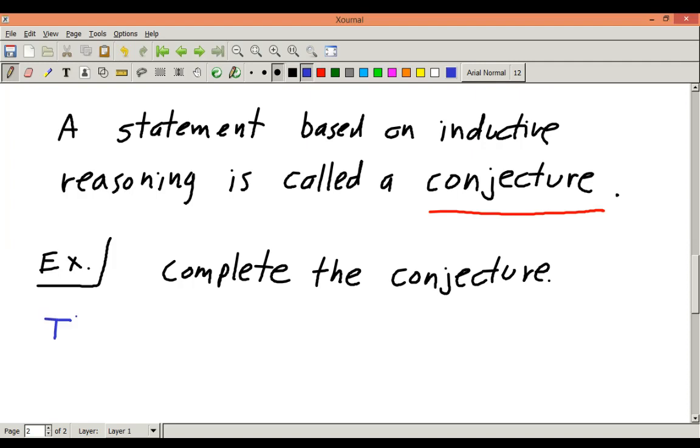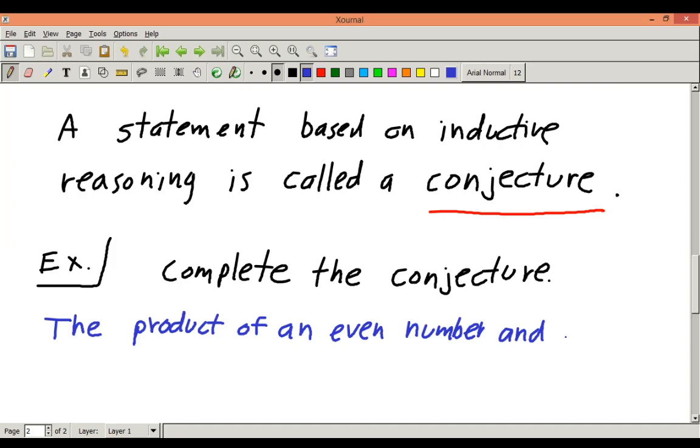The product of an even number and an odd number is blank. The product of an even number and an odd number is blank.